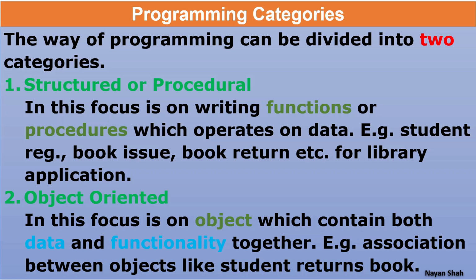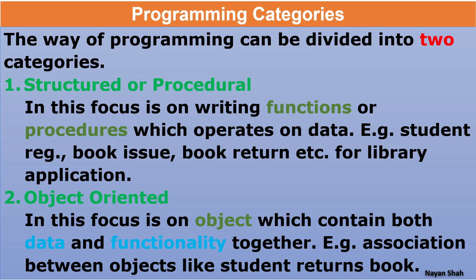For example, student registration, book issue, book return, etc. for a library application. So in structured or procedural programming, we write methods, that is functions or procedures, and some variables, but they are not written within any unit. They are just written one after the other. So they are not protected. Any other part of the program can see it, modify it, alter it.